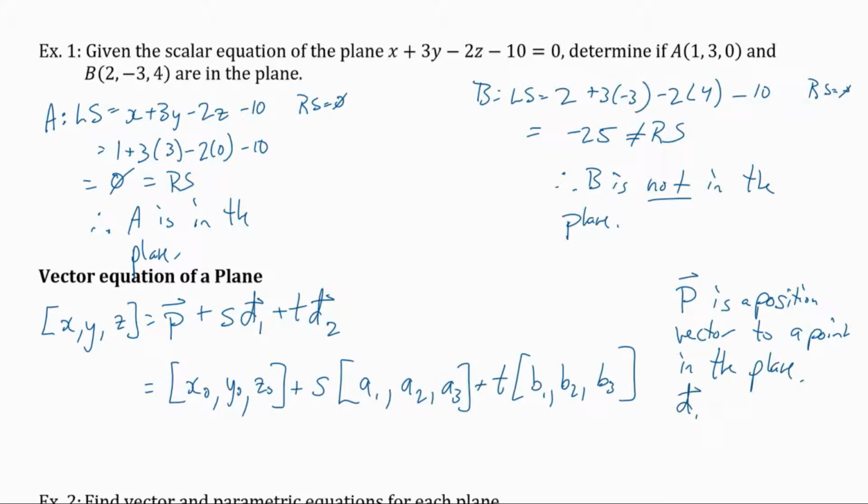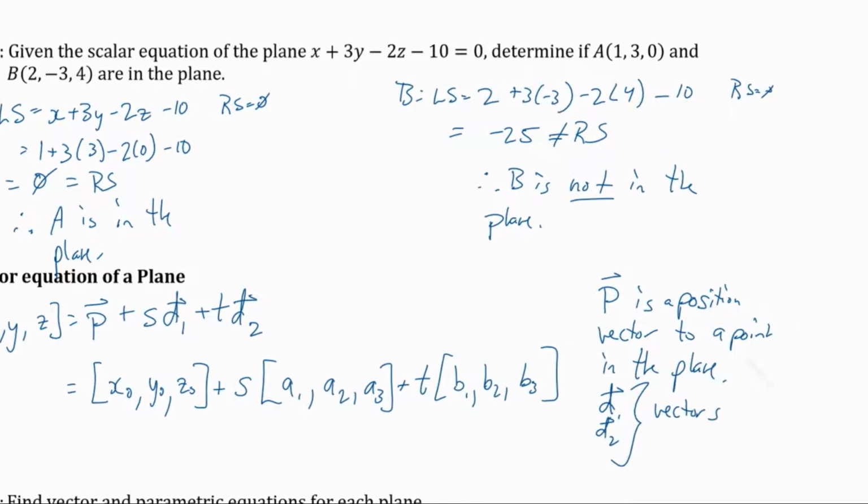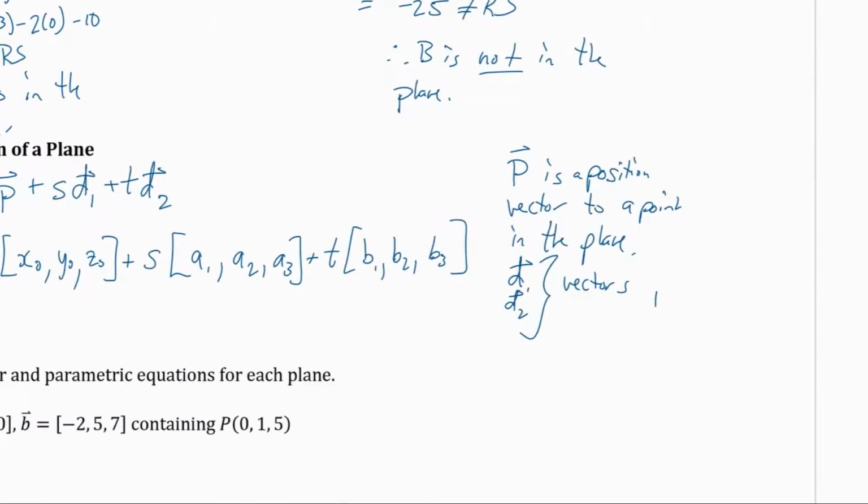And D1 and D2 are direction vectors, or vectors parallel to the plane and not each other, as I said before. If we have two vectors that are parallel to each other, they don't give us new information. So they have to point in different directions, and that will give us new information.